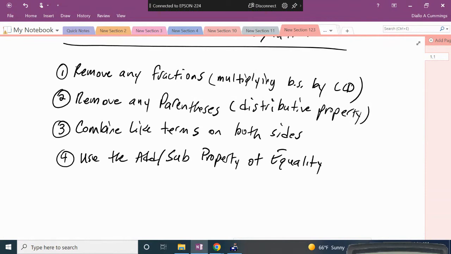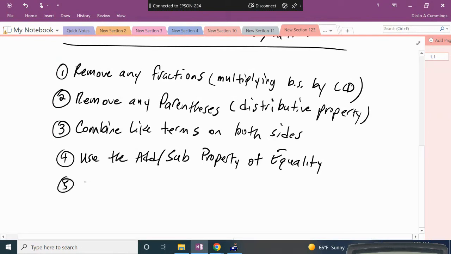In this first part, we're going to solve equations, and an equation contains an equal sign. That equal sign splits your equation up into two parts, the left-hand side and the right-hand side. So whatever you do to the left-hand side, you must do the exact same thing to the right-hand side.